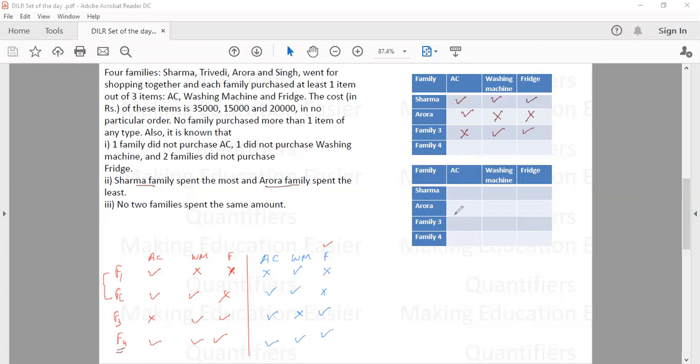And let's say this F2 is the last family. This is the Arora family. This is the Sharma family, which spent the most. The same is here. The Sharma family purchased all three items. Arora, in this case, the Arora family purchased only a washing machine.